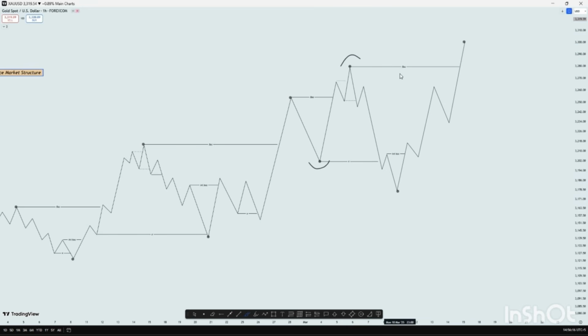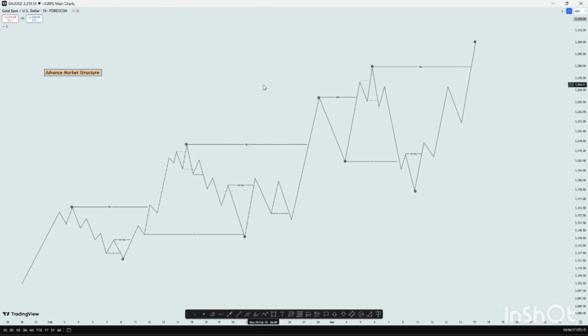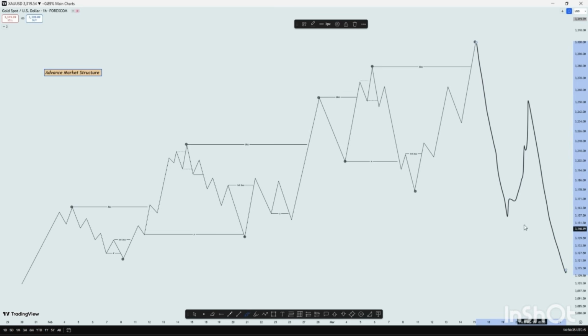And similarly, if you want to identify when a bullish structure has shifted into a bearish structure, for that you need two consecutive structure breaks in one direction. In case the market breaks low, pulls back, breaks low again, then we will have two consecutive structure breaks.